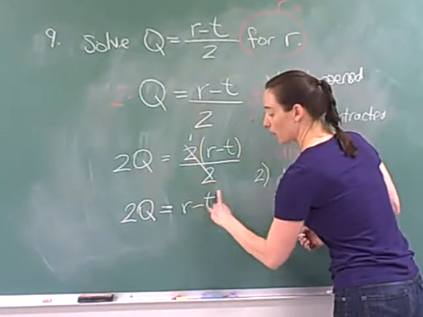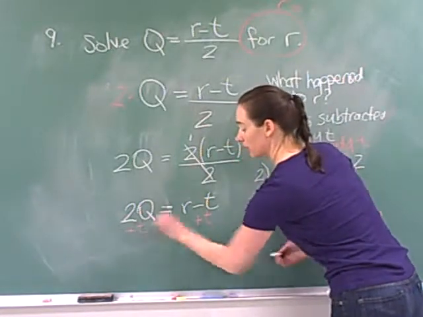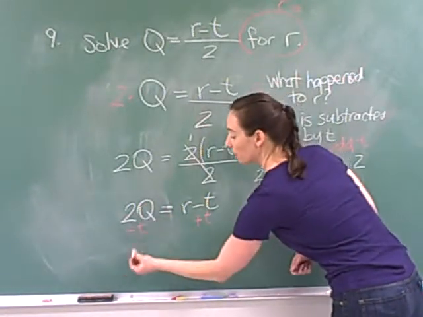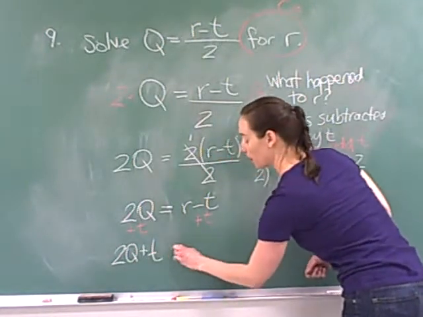So to my right-hand side, I'm going to add the number T, and to the left-hand side, I'm going to add the number T. So the quantity on the left-hand side now is 2 times Q plus the number T.